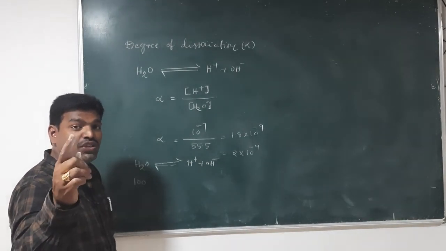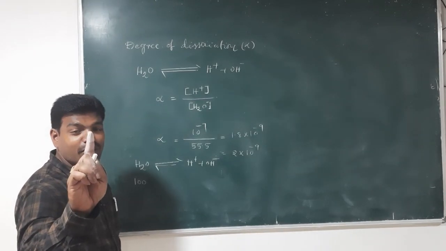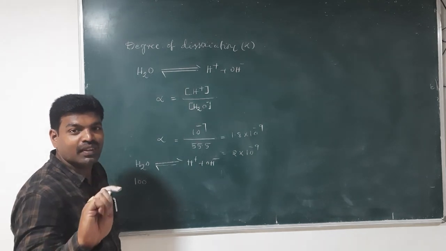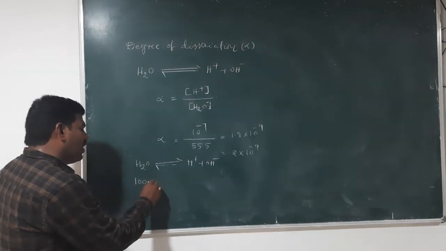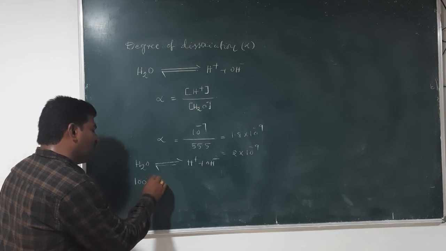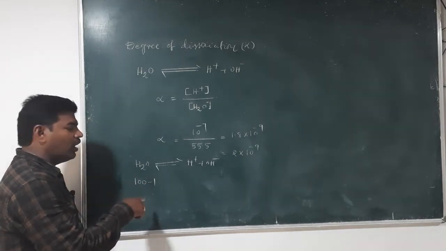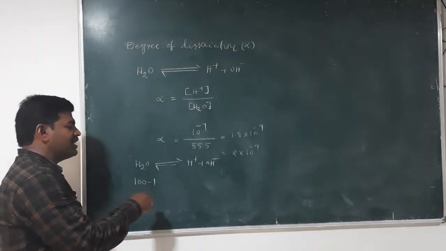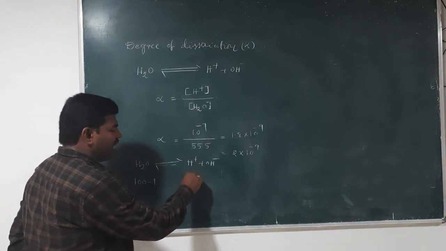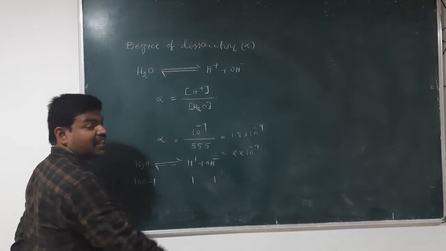That is, out of 100 molecules, only one molecule undergoes dissociation. That means one H plus ion and one OH minus ion is formed.